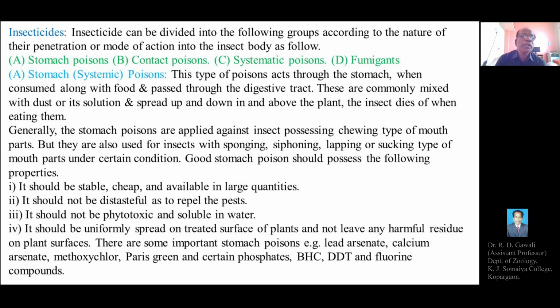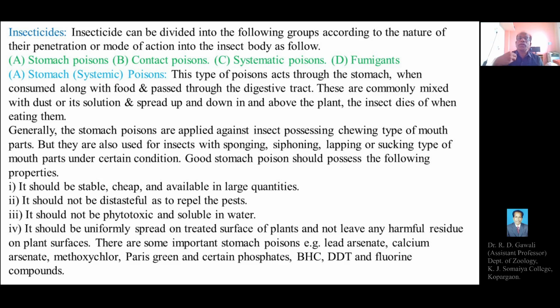First we'll explain stomach poison. Stomach poisons are also called systemic poisons. This type of poison acts through the stomach. So the mode of action, or the toxic effect, of the stomach poison is through the stomach. The killing of the insect pest occurs through the action of the stomach poison.